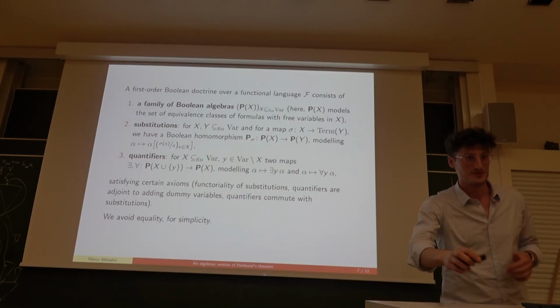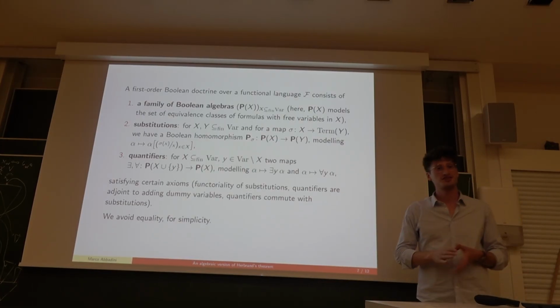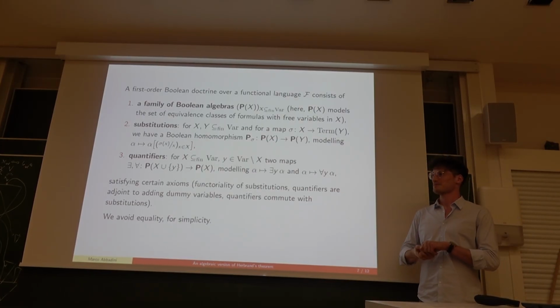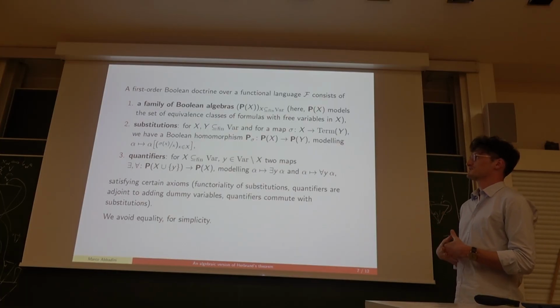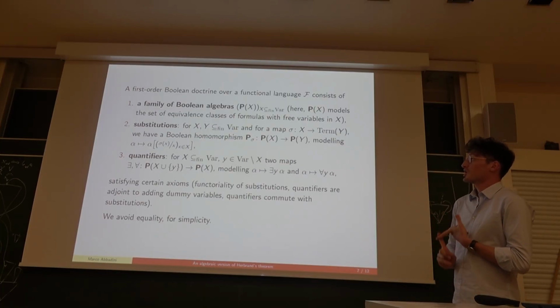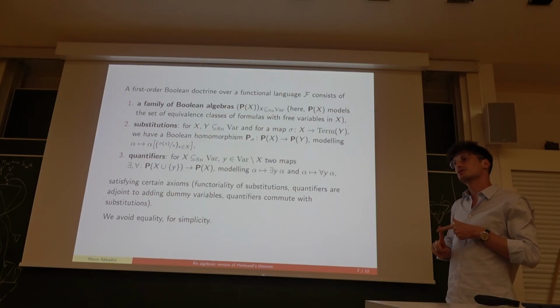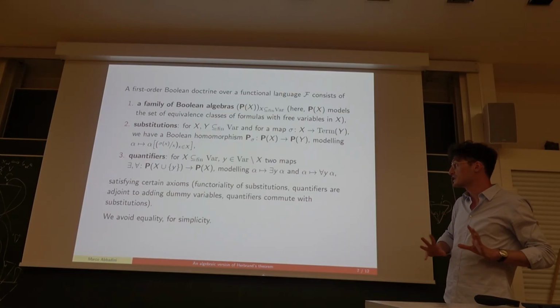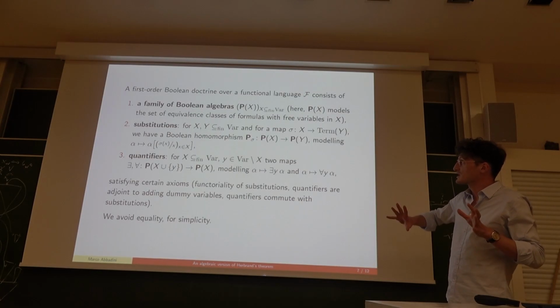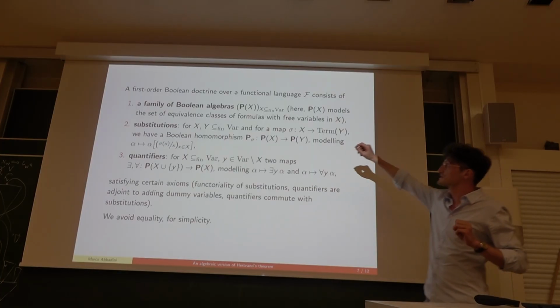Okay, and what is a first-order Boolean doctrine of a functional language F? So these are algebras of classical first-order logic. Well, they consist of a family of Boolean algebras. Here we don't take just one Boolean algebra, but we take one Boolean algebra for every finite set of variables.